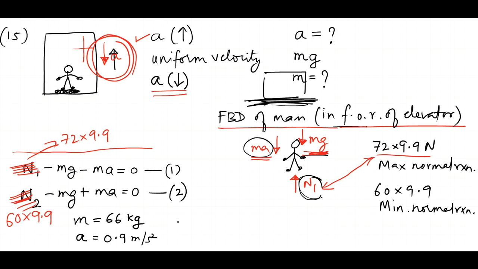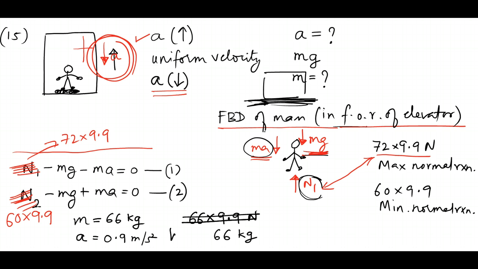Note that in part A, we have been asked to find the true weight of the man. So that means that if we use the proper units, it should be 66 multiplied by 9.9 newtons. But since the scale of the weighing machine is calibrated in kilograms rather than in newtons, we express the answer as 66 kilograms.